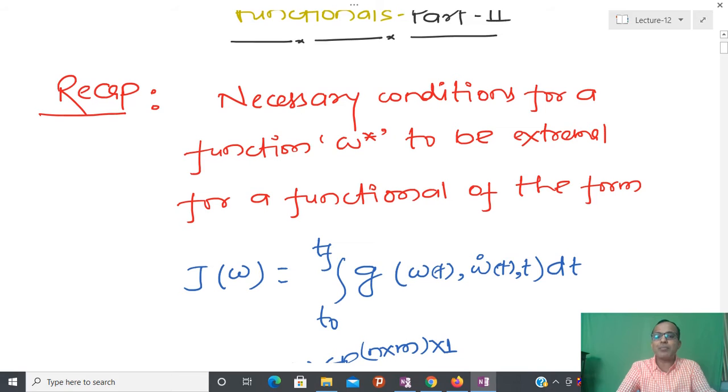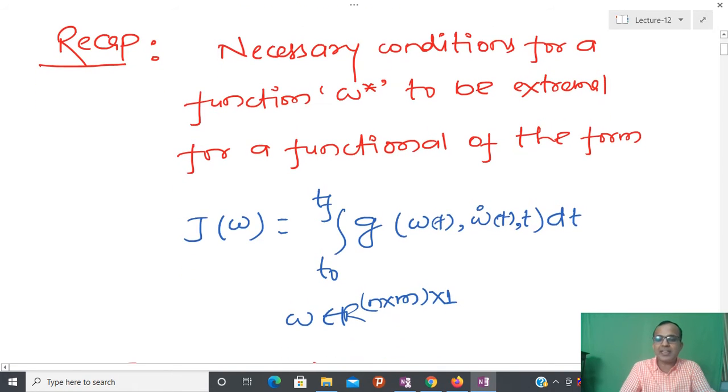So what is my problem statement? We have a certain kind of functional, and the functional I have defined by this kind of definite integral, and omega(t) belongs to R^(n+m). So omega(t) is some kind of function which has n plus m entries.